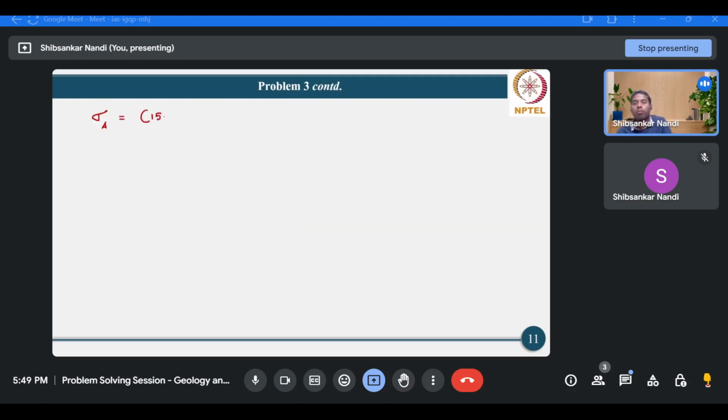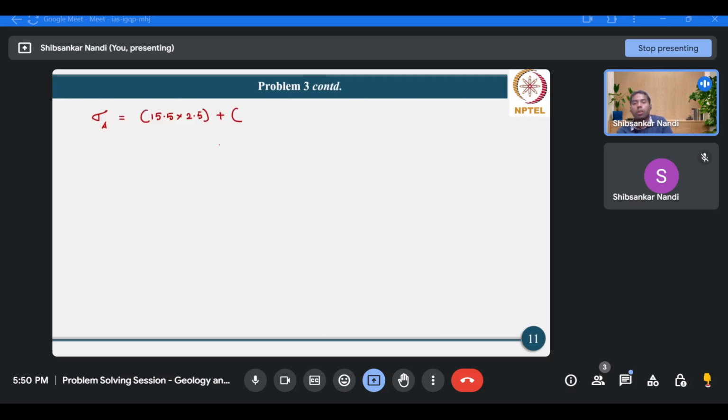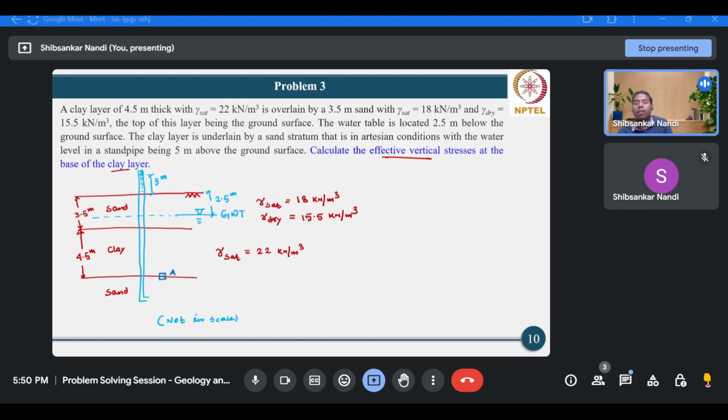And for the remaining 1 meter, because the total thickness of the sand is 3.5, we'll use 18 kilonewton per meter cube. So 18 into 1.5 plus, since we are calculating the total stress at the base of the clay layer, this 4.5 meter multiplied by 22.